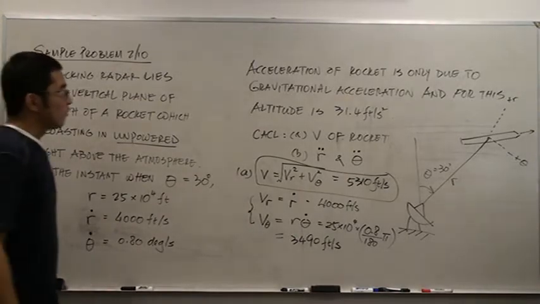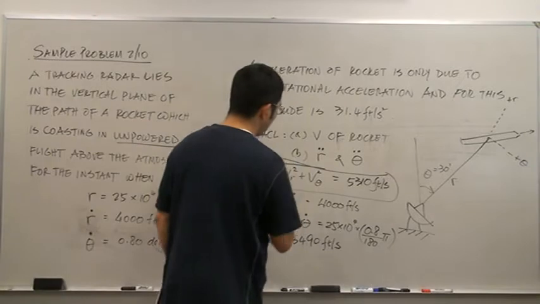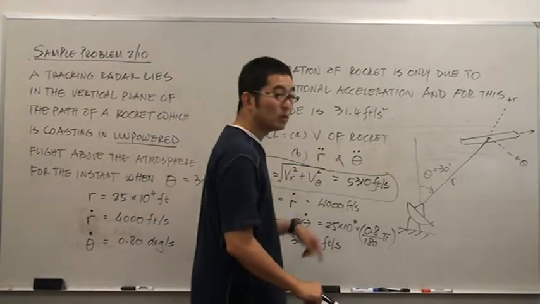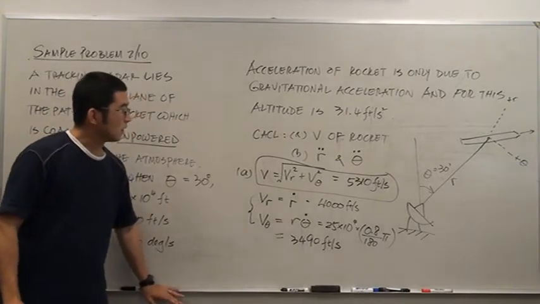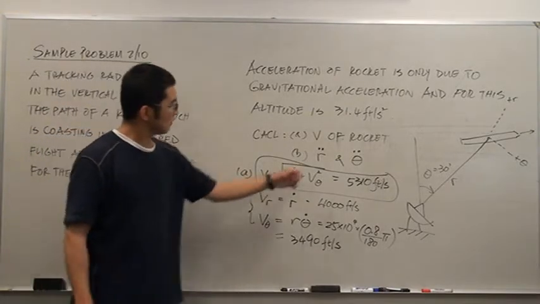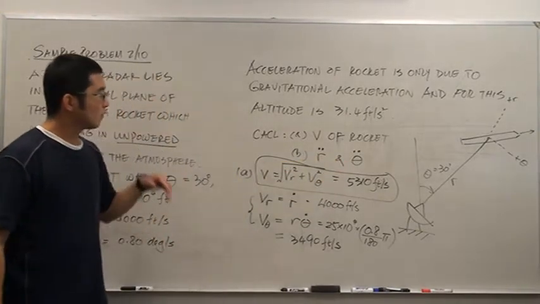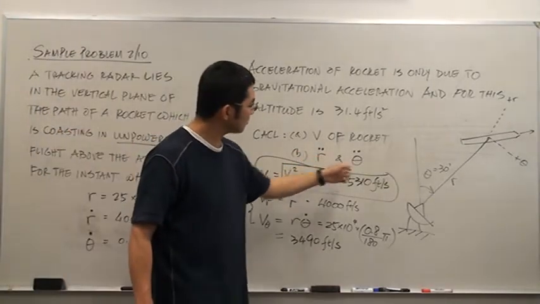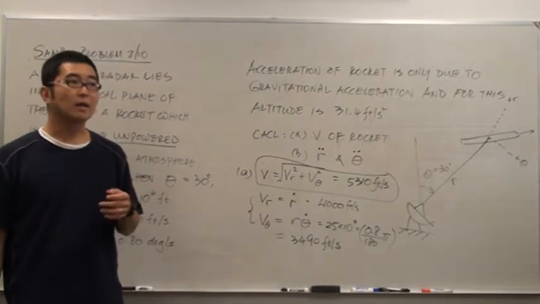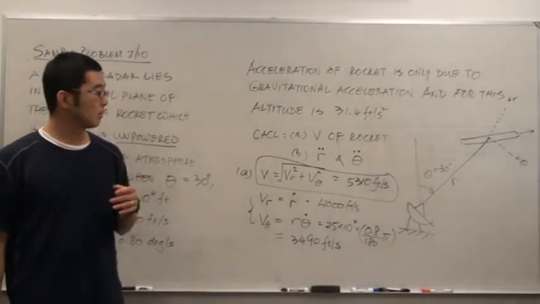All right, now for part B, you are asked to calculate R double dot and theta double dot. Now, I'm sure that a lot of you at this stage are confused, like how do I find this? Well, if you think back, or if you look at your cheat sheet, you remember that these two terms appear in the acceleration in polar coordinates.